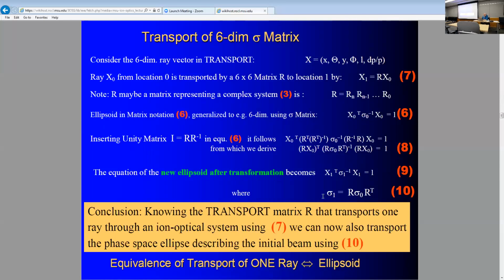I hope I told you that the transpose matrix is where you just change the columns and the rows. So that's what you have to do mathematically.